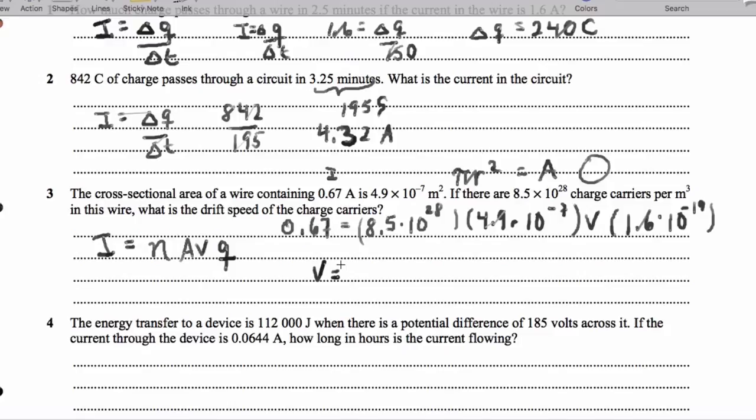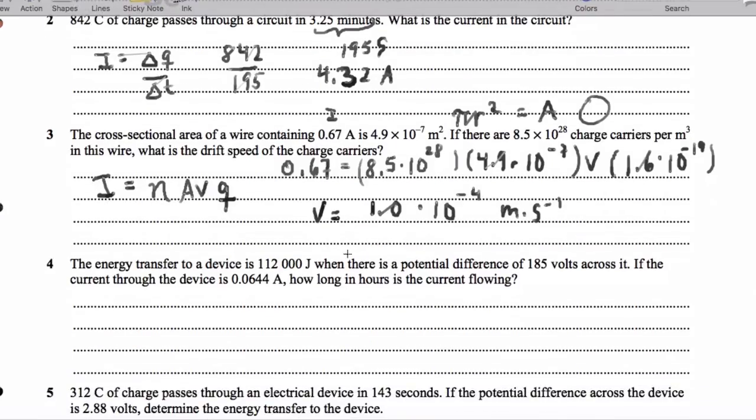Give me a second. So I'm getting 1.0 times 10 to the negative 4th meters per second for my speed.